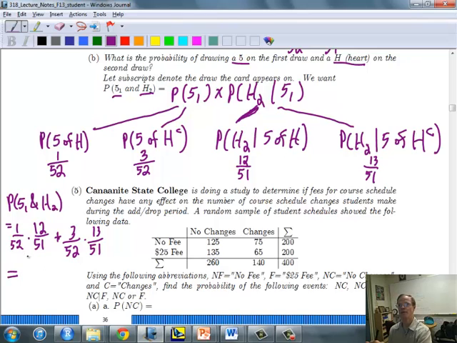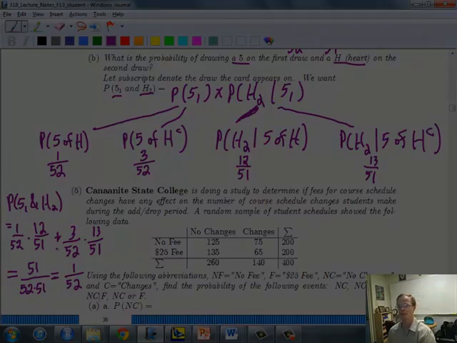I'm just going to do the math on this one because it's interesting. 3 times 13 is 39, plus 12 is 51, over 52 times 51, same denominator, which turns out to be 1 out of 52, which is very, very interesting.